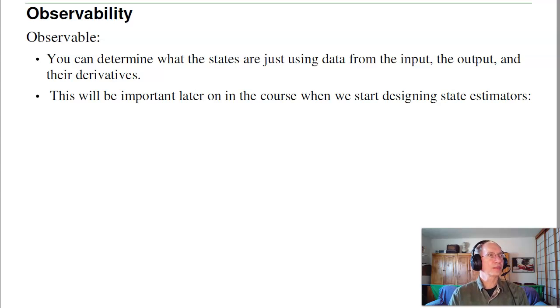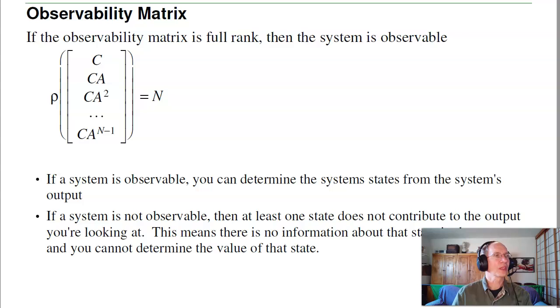Observability. You can determine this. Observability means you can determine what the states are just using data from the input, the output, and their derivatives. This is important later on when we start designing state estimators. The observability matrix is defined as follows.